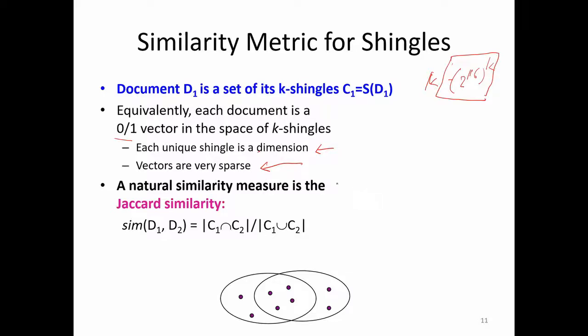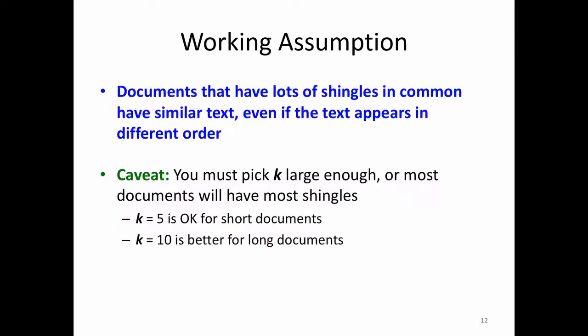Now, as we have hinted earlier, a natural similarity measure between such sparse sets, or you can think of them as vectors in high dimension, is Jaccard similarity. It is a very natural notion of similarity between such sparse vectors.